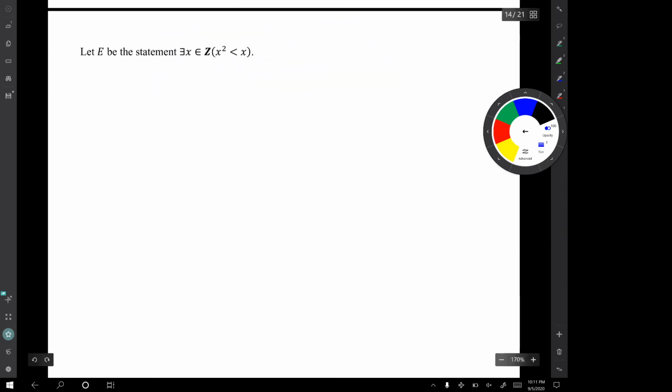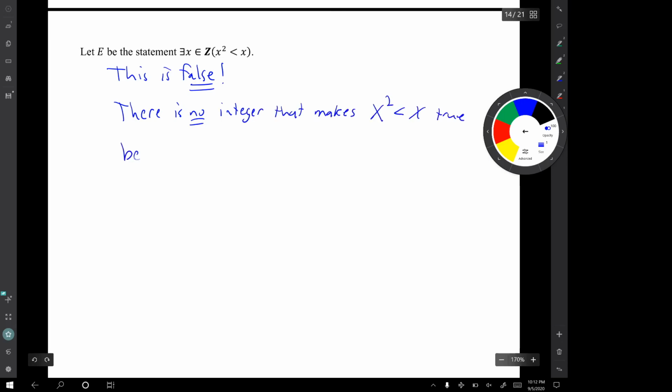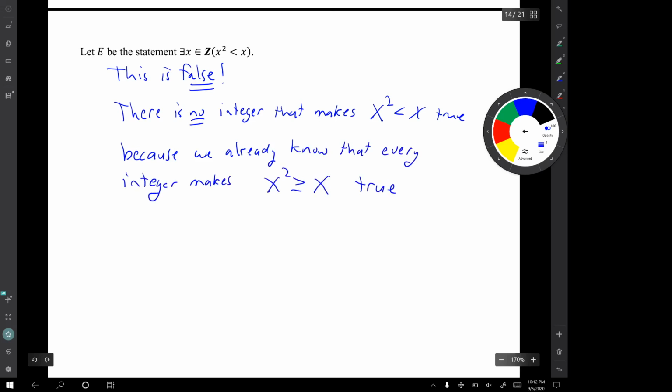Now, what about this statement? There exists an x in the integers such that x squared is less than x. This says there's at least one integer that makes that predicate true. Well, this is false. We've already determined that every integer makes this inequality true.